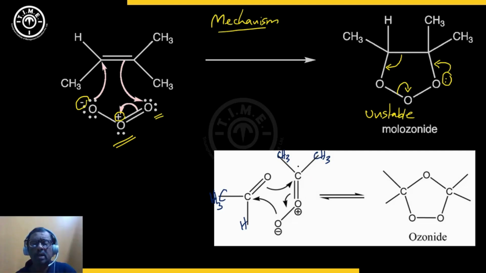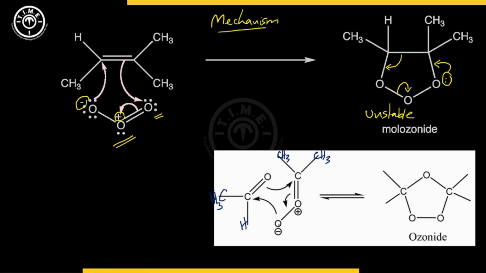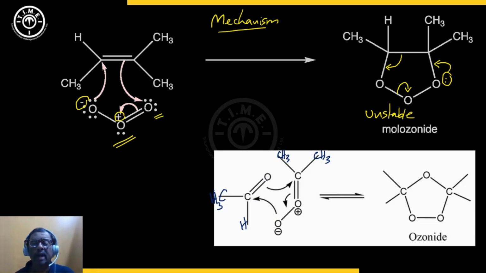Then what has happened? This minus charged oxygen attacks a carbonyl carbon, which has actually split. Before it splits, this minus will attack that. That O with the pi bond will attack this carbon, and then you will get back the lone pair on oxygen. Clear? I can show it here.